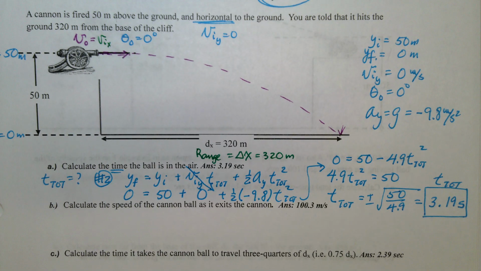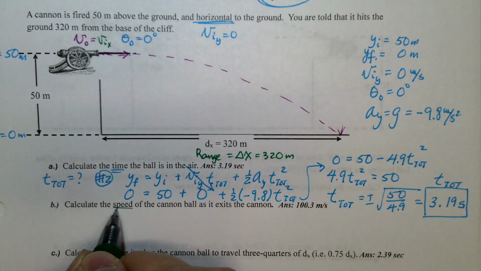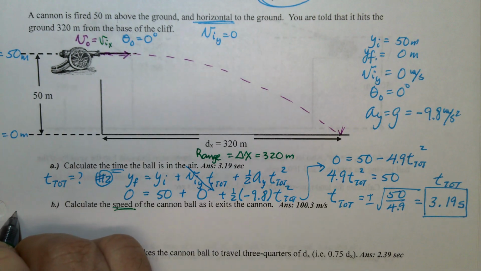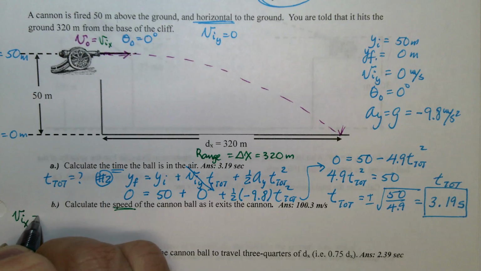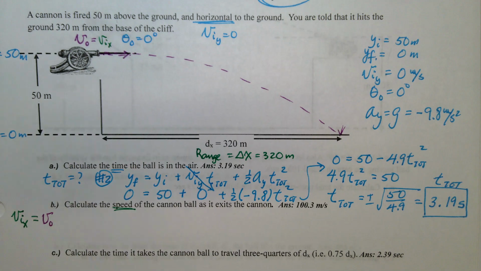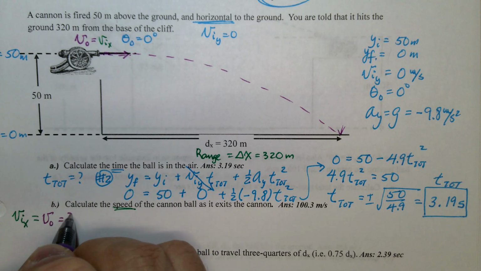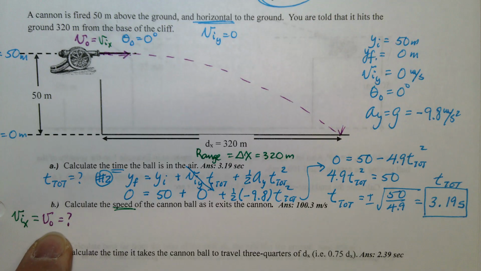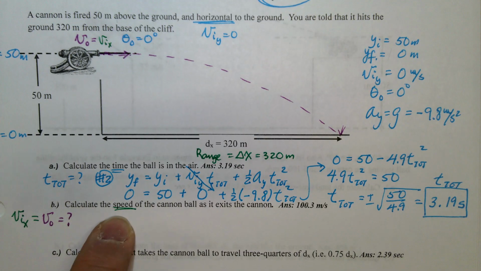So what about part B? Calculate the speed of the cannonball as it exits from the cannon. So this speed right here is basically your VIX, which is your muzzle velocity V naught, right? And that's what we're looking for. So if we look for VIX, that is the V naught.